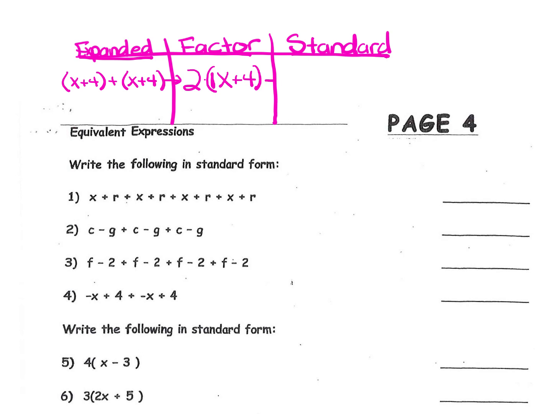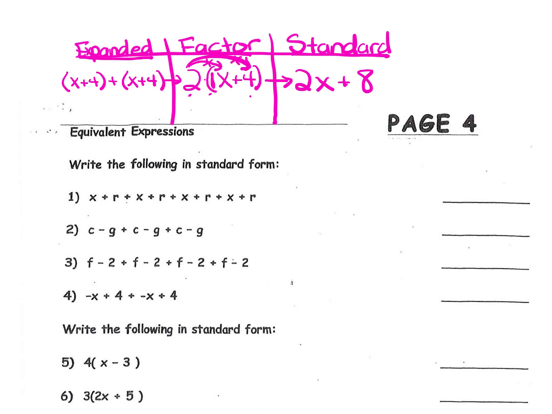And finally, as we move to the final column, the third way to write expressions, we're going to distribute this 2 to each term and double each term, or multiply each by 2. 2 times 1 is 2x, and 2 times 4 is again 8.